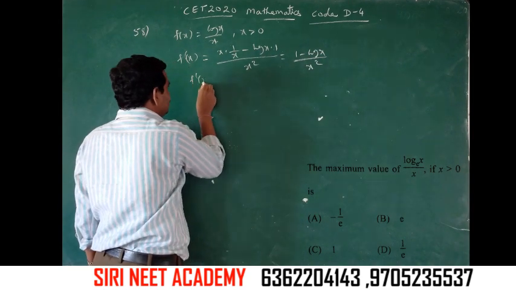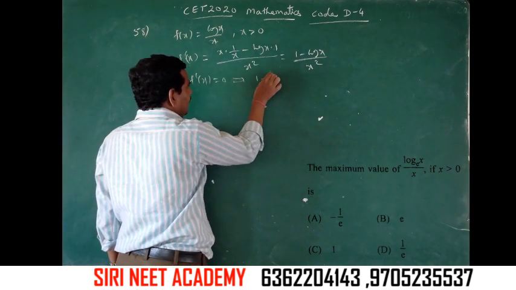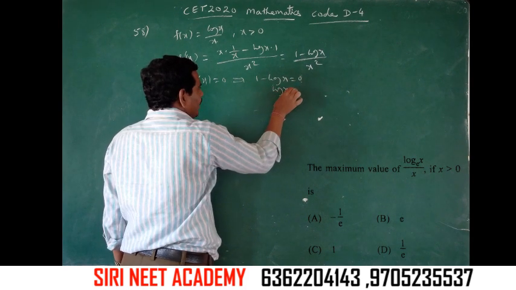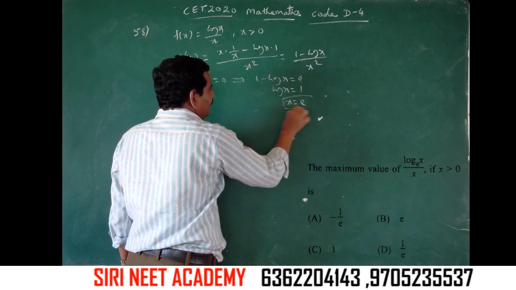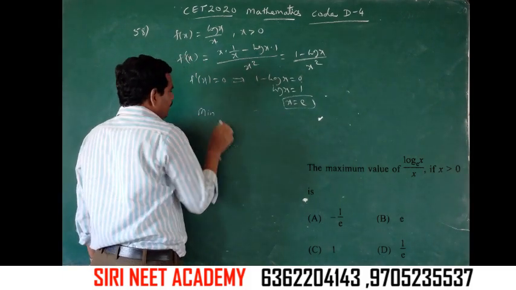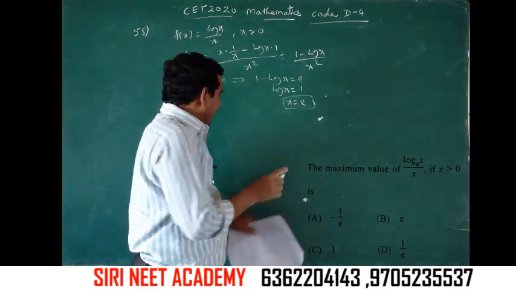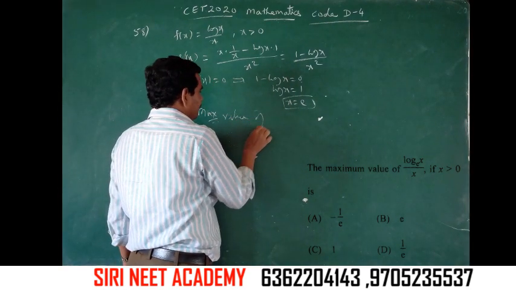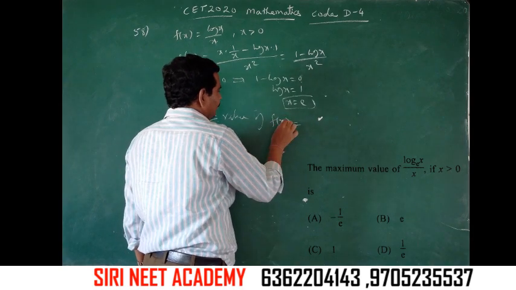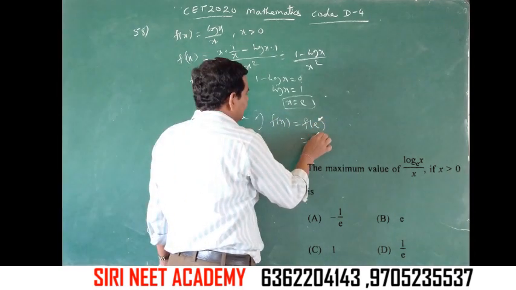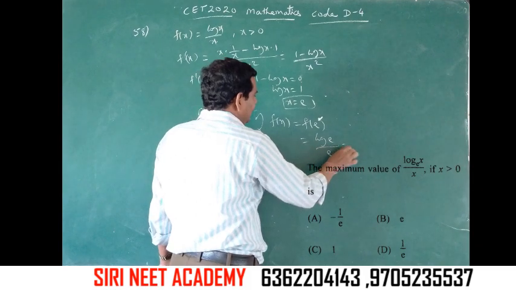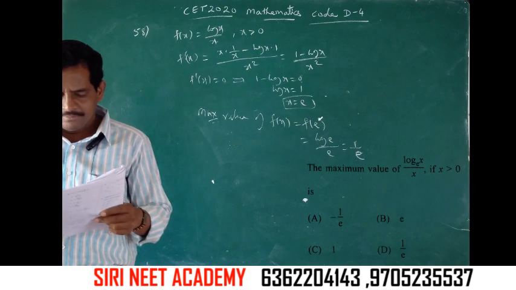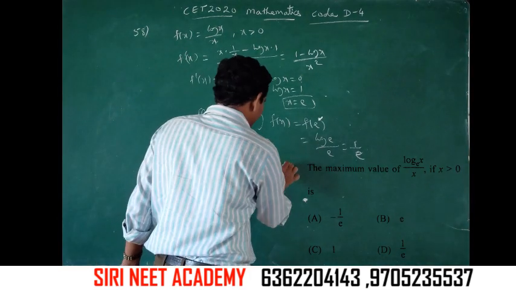So if it is 0, then 1 minus log x is 0. Log x value 1, x value e. So we need the maximum value of f of x, which is f of e, that is log e by e, 1 by e. Given in option 4.